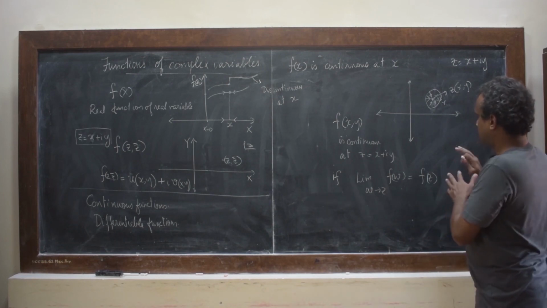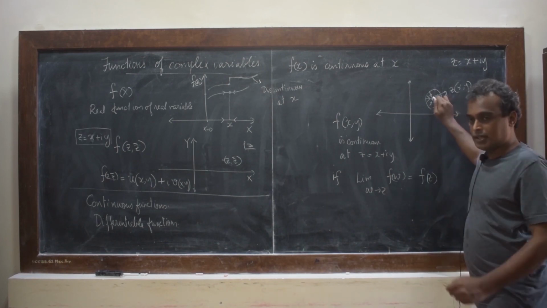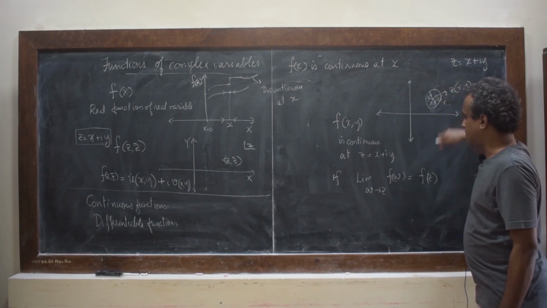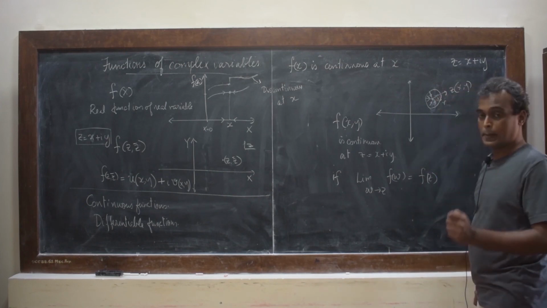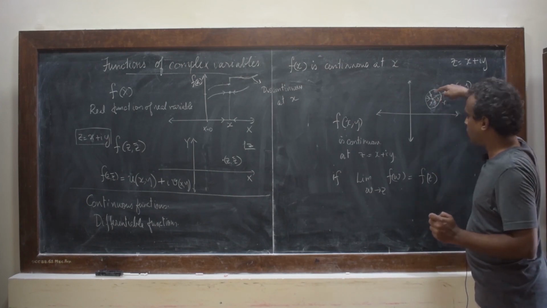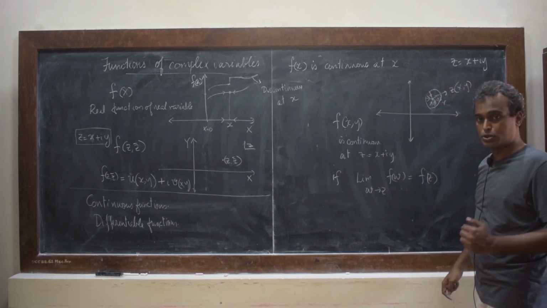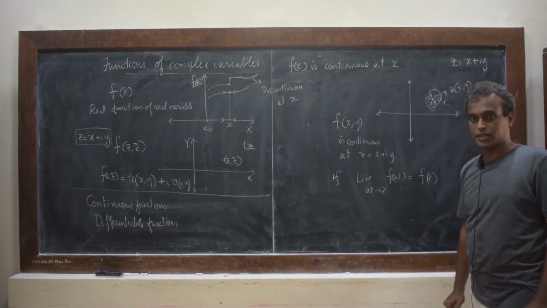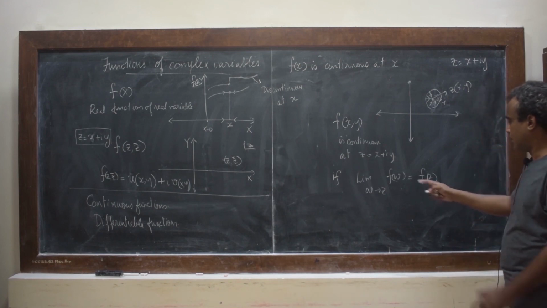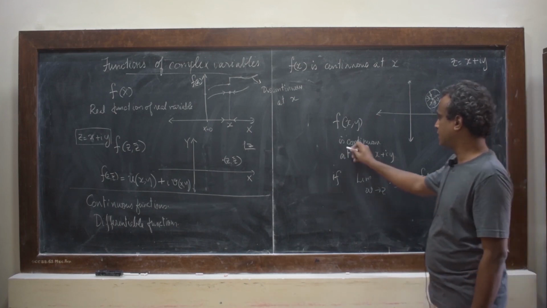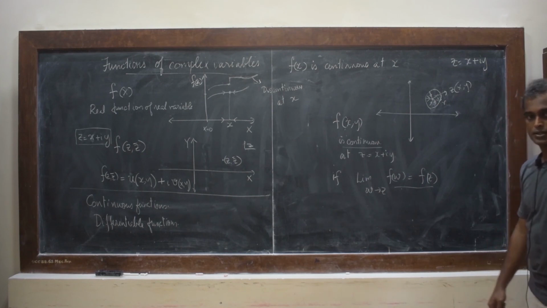So, basically we should get the same value of f of z at z irrespective of which of these directions you choose to approach the point z. So, if this condition is satisfied, then we say that f is continuous.